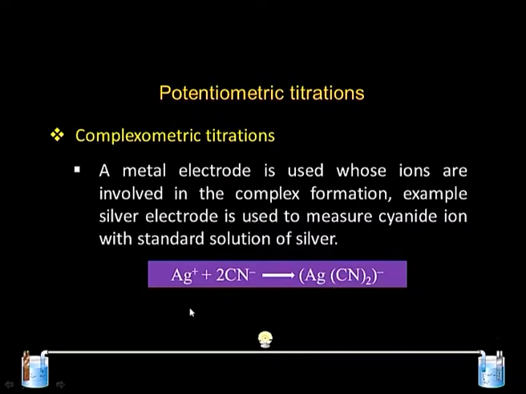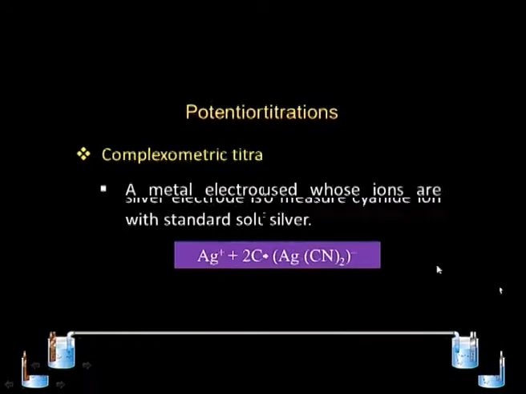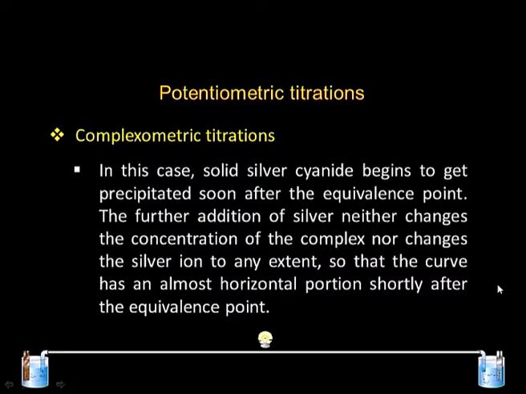The reaction here is silver ions reacting with two cyanide ions giving Ag(CN)2, and in this case solid silver cyanide begins to precipitate soon after the equivalence point. The further addition of silver neither changes the concentration of the complex nor changes the silver ion concentration to any extent, so the curve has an almost horizontal portion shortly after the equivalence point.